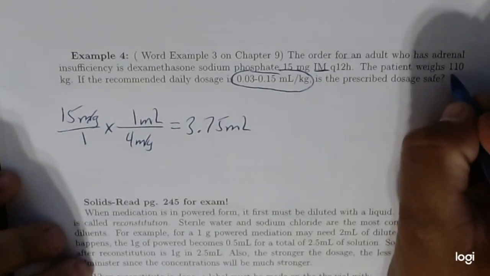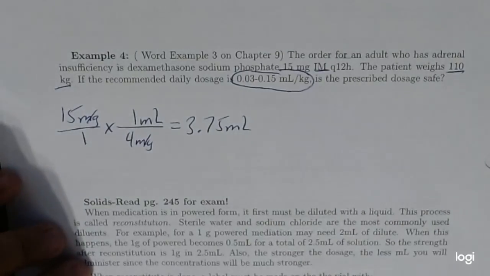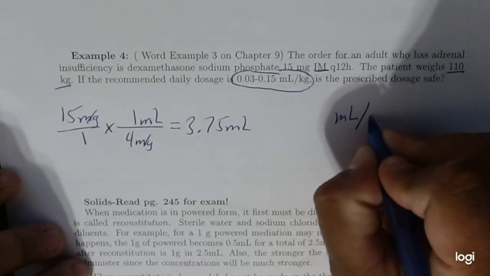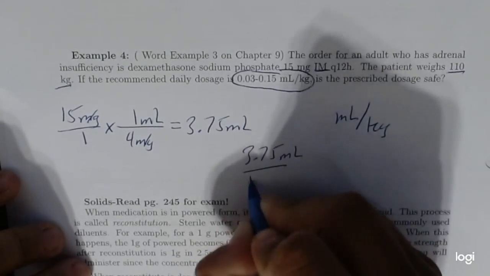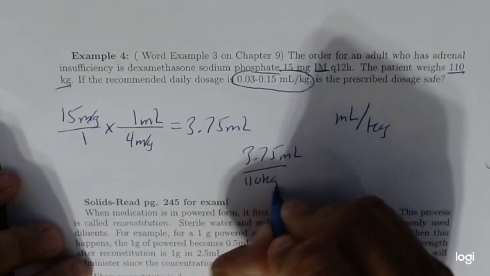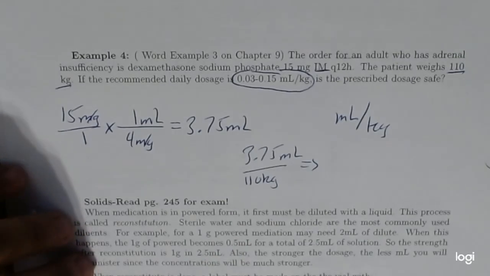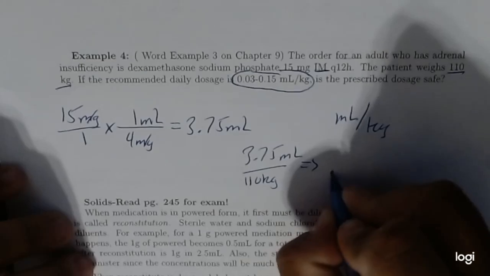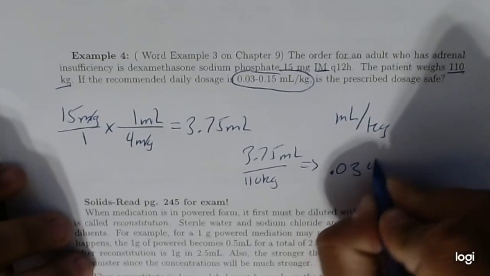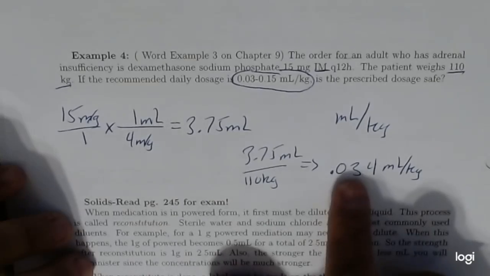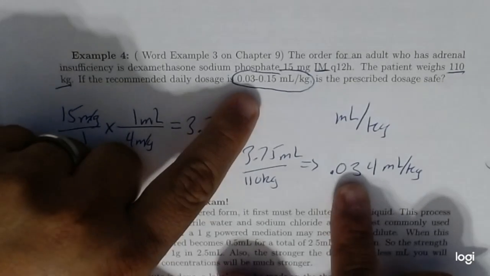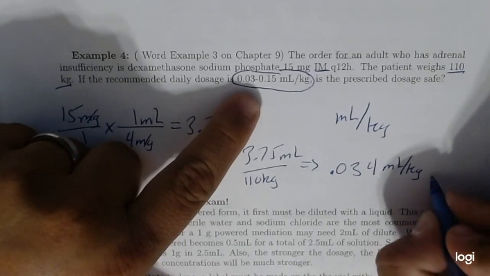They told us this patient weighs 110 kilograms. So we want milliliters per kilogram, and all we do is divide. That would give us 0.034 milliliters per kilogram. And this number is between these two numbers, so it is safe.